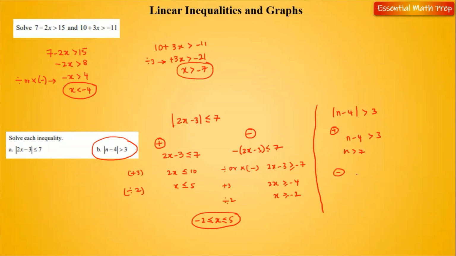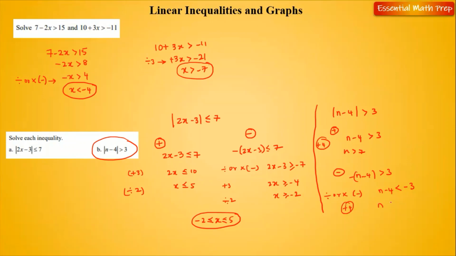For the negative domain, negative of n minus 4 greater than 3. So I have to get rid of the negative, so I can divide or multiply by a negative. It will give me n minus 4 less than negative 3. Add 4 on both sides, right?